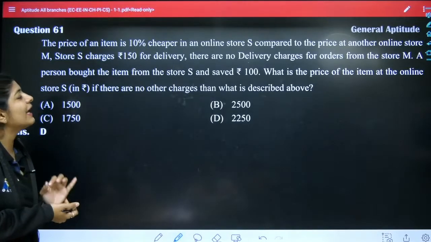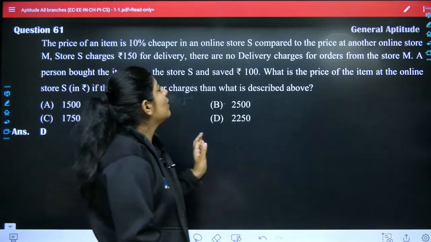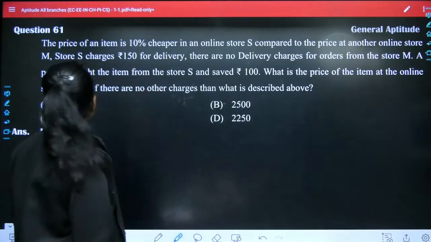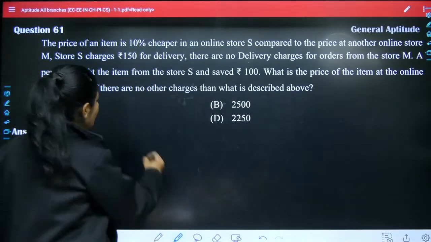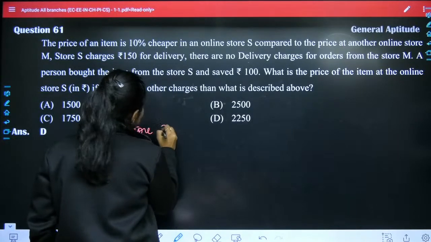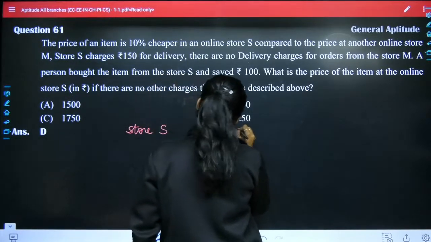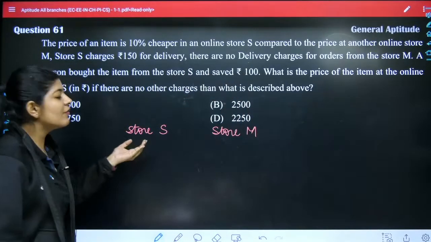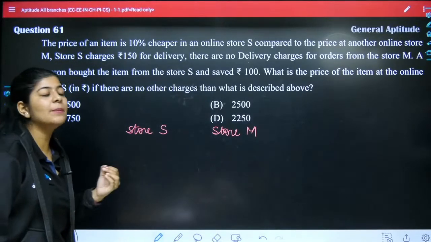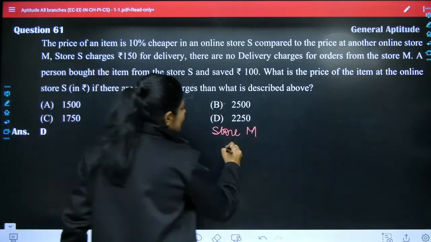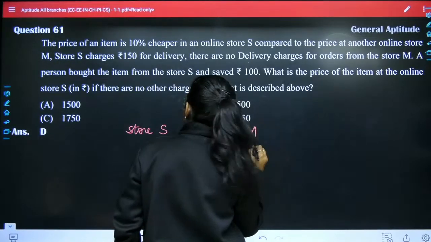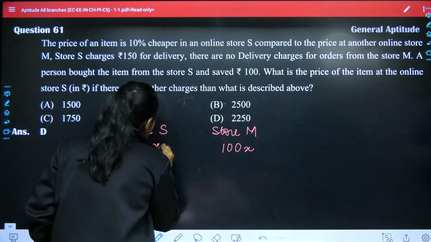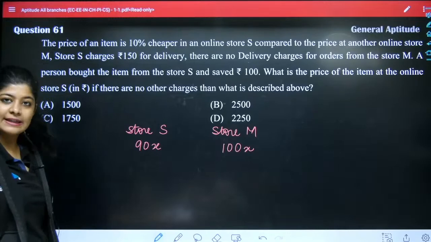The price of an item is 10% cheaper in an online store as compared to the price at another online store M. Here we have two online stores. The first one is store S and the second one is store M. The price of the item at store S is 10% cheaper than store M. If we consider the price of the item at store M as 100x, then the price of the same item at store S is 90x, right?